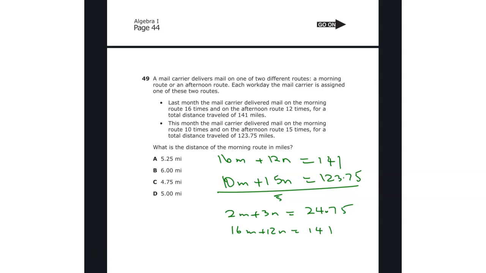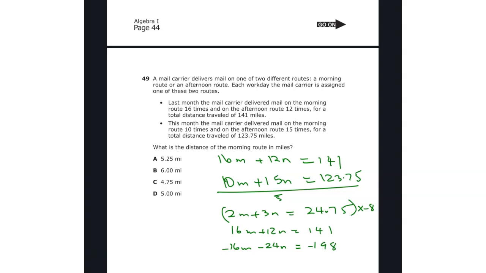So first thing we're going to do is multiply this whole thing by negative 8. So we have negative 16m minus 24n equal to negative 198.